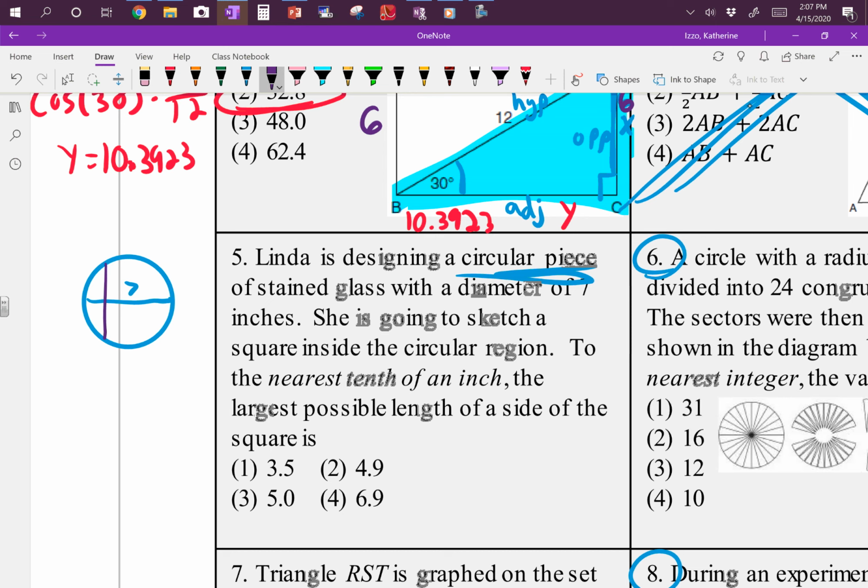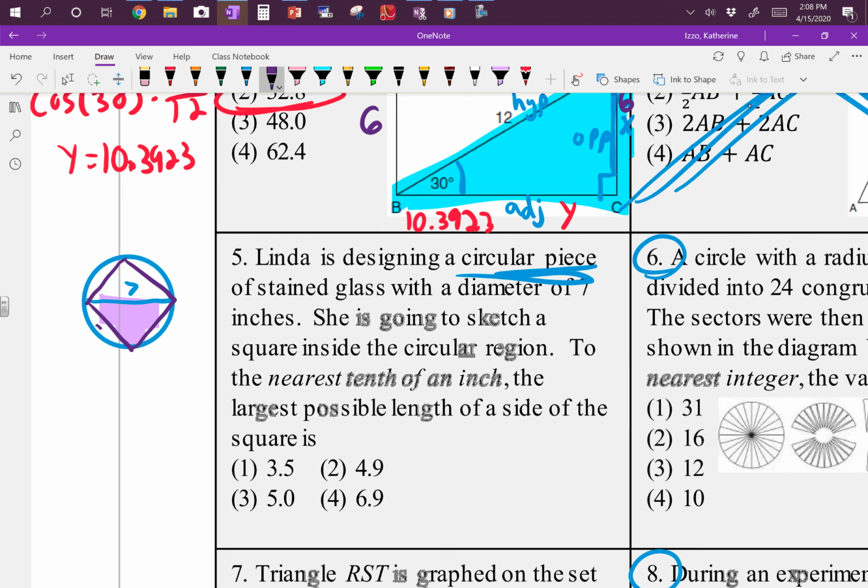Now, I've seen a lot of people try and do it this way, which is technically a square inside of a circle, but it doesn't let you use the diameter. I want to use the diameter. So if I have the diameter, that makes my square like this. That's also a square inside of the circle, but now that 7 is actually helpful because I've got that triangle down there.